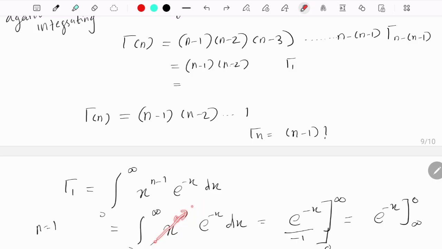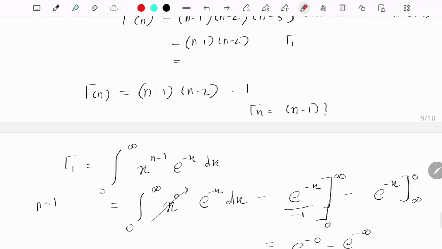This term is equal to 1. So here integrating e to the power minus x, this is equal to e to the power minus x divided by minus 1, limit 0 to infinity.